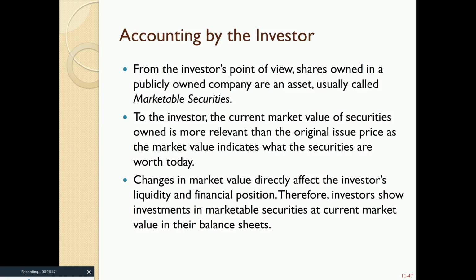The current value of those marketable securities is going to be stated on our balance sheet as an asset. So be very careful. Are we the issuer, meaning we're issuing the stock, or are we the investor? If we're the investor, we have an asset called marketable securities. If we are the issuer, obviously that affects the equity section on our balance sheet.